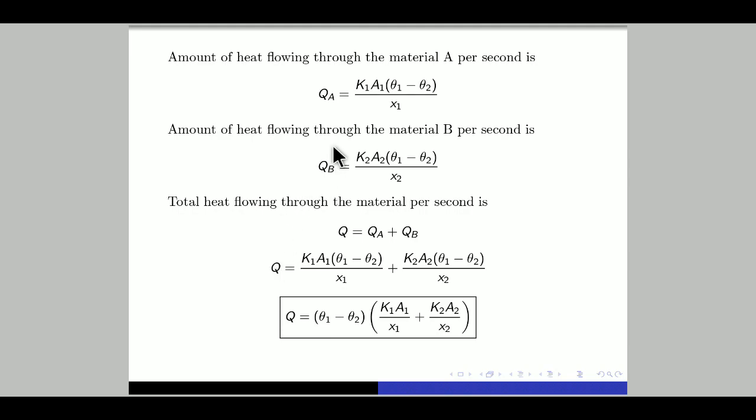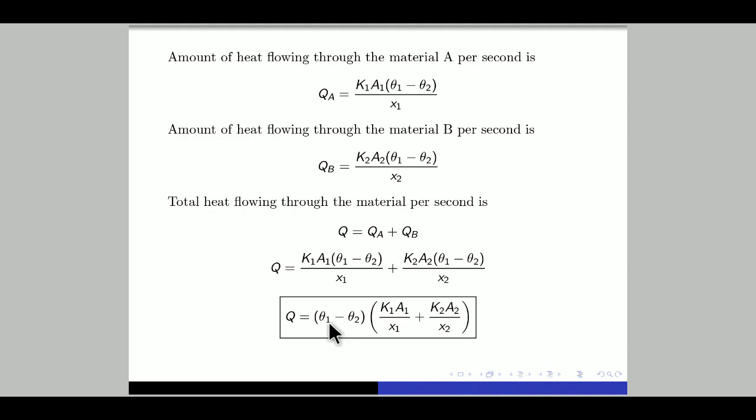Now substituting the expressions for QA and QB, theta 1 minus theta 2 is common, so you take it out and simplify further. Rewrite the equation as Q = (theta 1 minus theta 2) times (k1 A1 by x1 plus k2 A2 by x2). This is the expression for the amount of heat flowing per second through two different bodies connected in parallel.